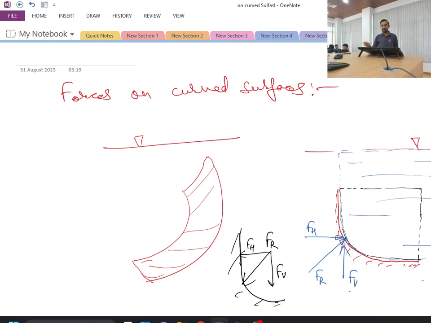If I simply estimate the forces acting on the control volume of this liquid, I will get the values of Fh and Fv, and then by knowing this I can know the resultant force which this surface is applying on the liquid column. The same force will be applied by the liquid column on the surface. So this is the easiest approach. How is this approach easiest?